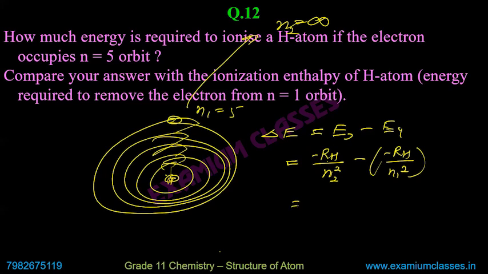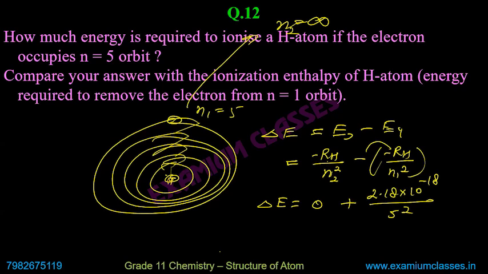Minus minus will be plus RH, 2.18 into 10 to the power minus 18 divided by N1 square, that is 5 square. That will be delta E. To simplify this one, this much energy will be required.